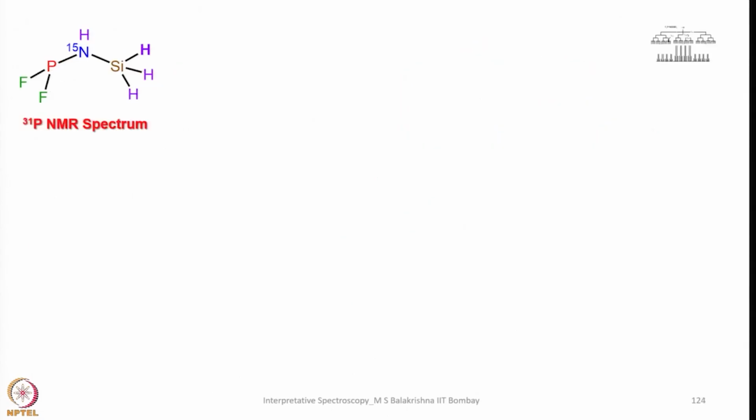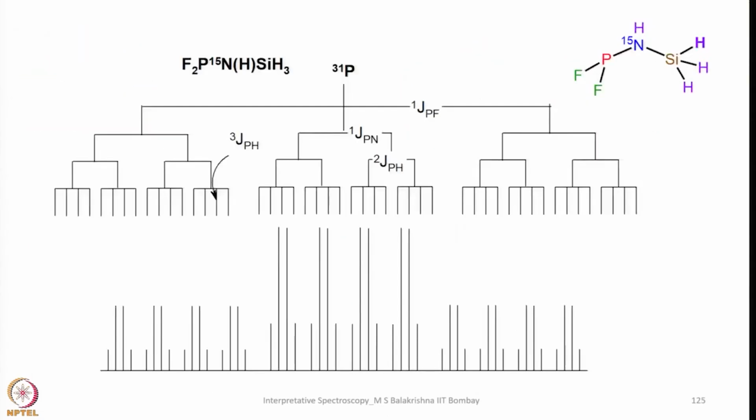Here I have taken the 31P NMR. You can see the coupling I showed you here. First, phosphorus is split by the fluorine atoms into a triplet, and then each line in the triplet is split into a doublet because of 1J PN coupling, and then each line is further split by 2J PH coupling with the nitrogen bound hydrogen, each one a doublet.